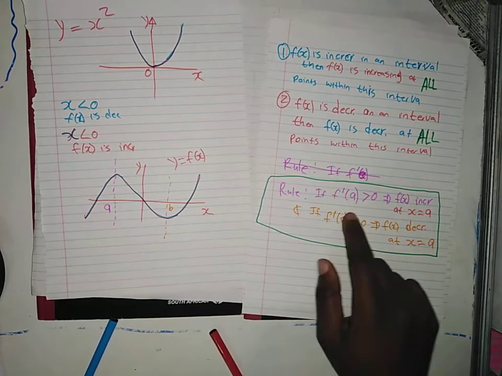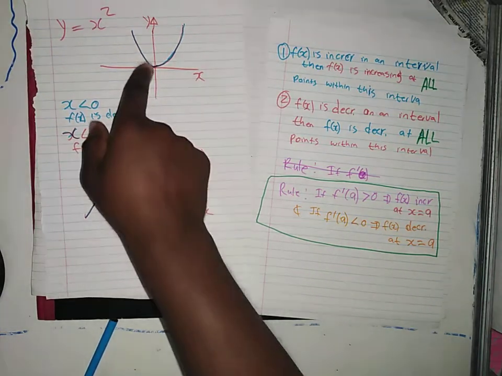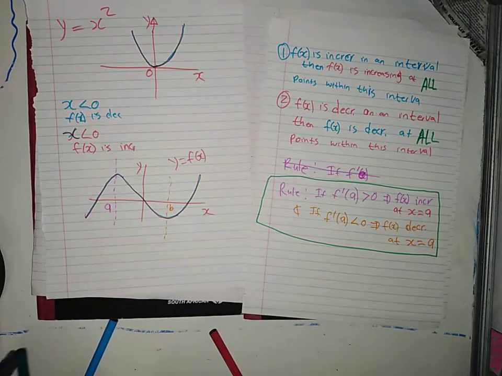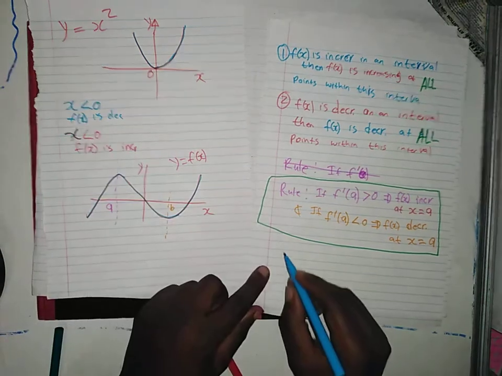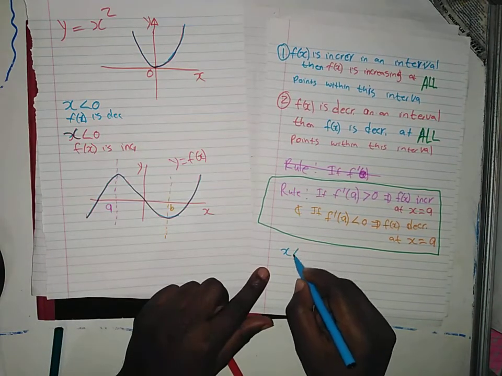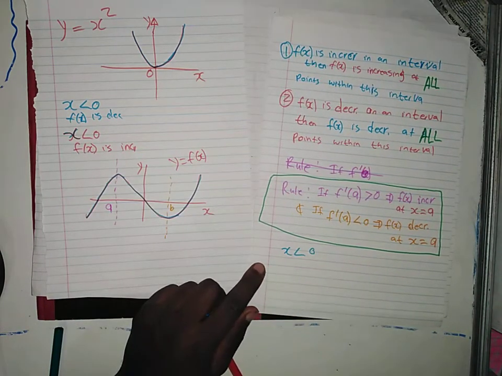Now, let us illustrate this rule using this function, and then let's see where it leads us. So let's take this interval x less than 0. Let's pick any number that is less than 0.